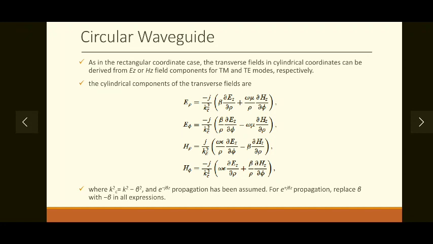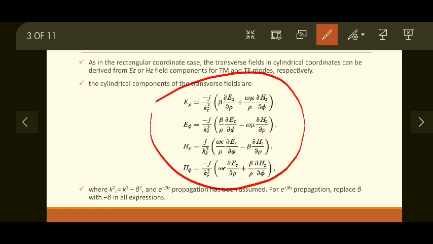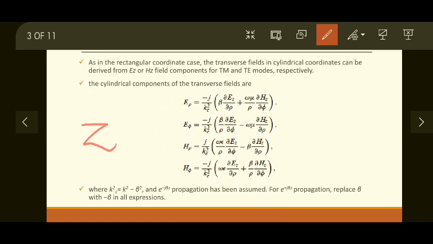The cylindrical components of the transverse field are summarized here. Again, similar concepts have been applied where k squared is the wave number, and kc squared is the cutoff wave number, where kc squared is k squared minus beta squared, beta is the propagation constant, and e raised to minus j beta z propagation has been assumed, which denotes our z coordinate. So these are the general solutions.